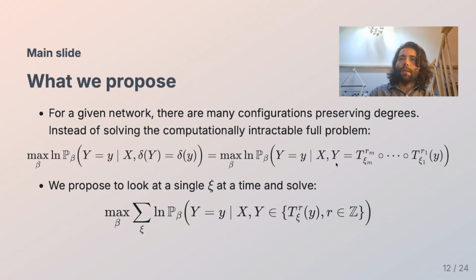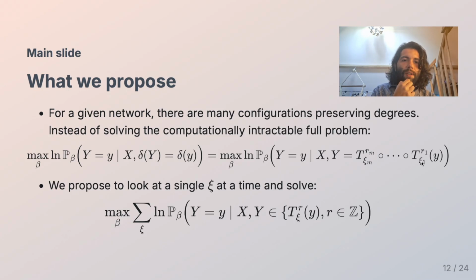So it's all the y's that can be written that way. And notice that we can start with some polyad, operate a few times the transformation given by this guy, then move to another polyad and operate a few times the transformation given by this polyad, and so on.